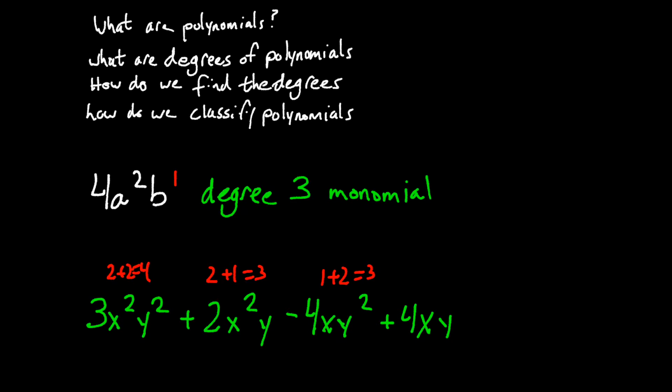And then the last term is a 1 plus 1, which is 2. So all of our monomials here, the front, the middle, and the back, each of them have their own degree, but the degree of the entire polynomial is whichever one is biggest, 4. So this is a 4th degree polynomial.